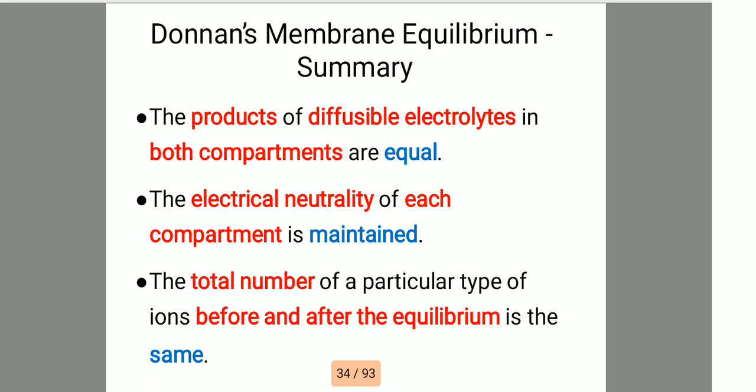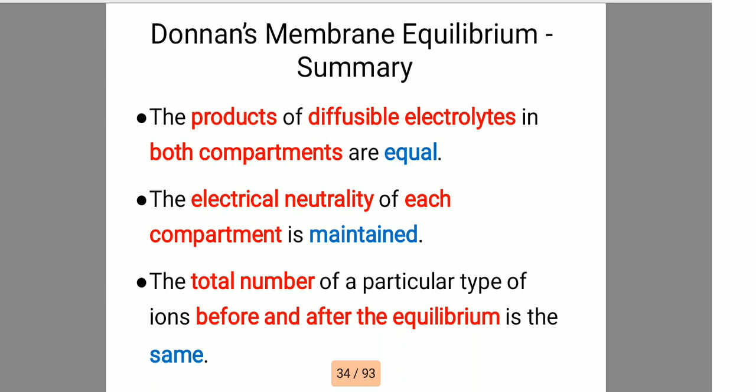In summary, Donnan's equation satisfies the following results. 1. The product of diffusible electrolytes in both the compartments is equal. 2. The electrical neutrality of each compartment is maintained. 3.